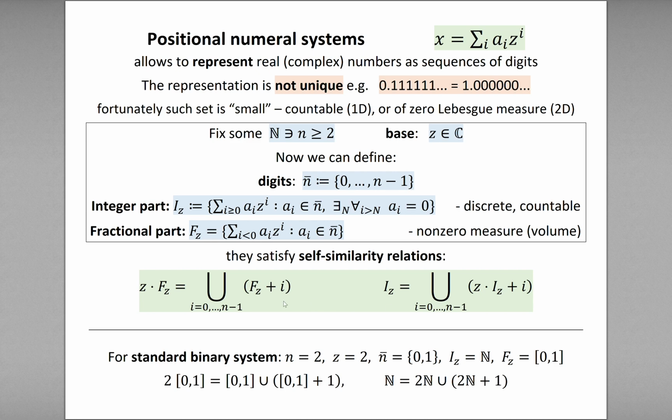These 2 parts, the integer and fractional part, satisfy self-similarity relations which might look similar, but are very different. One leads to a fractal, an iterated function system, the fractional part, and the other leads to a lattice. They look similar, but they are different because one is contracting and the other is not.